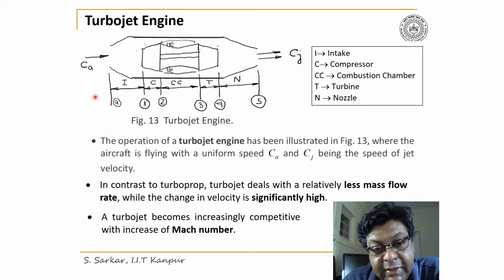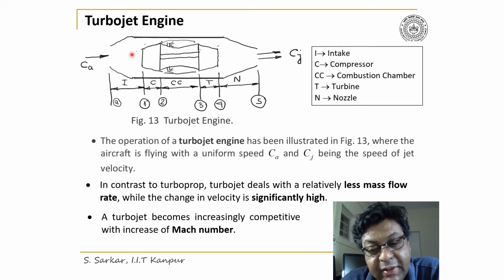The frontal part of the engine is the intake, represented by I, where air is diffused and thereby the pressure increases. Now the pressure here is more than atmospheric pressure, and then the air is sucked by the compressor where it is further compressed.